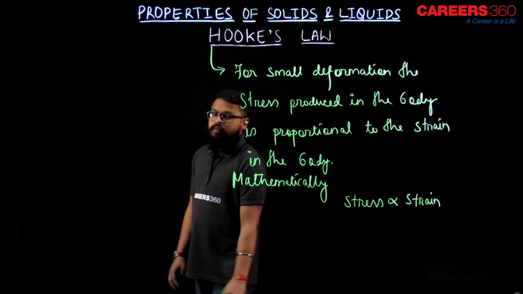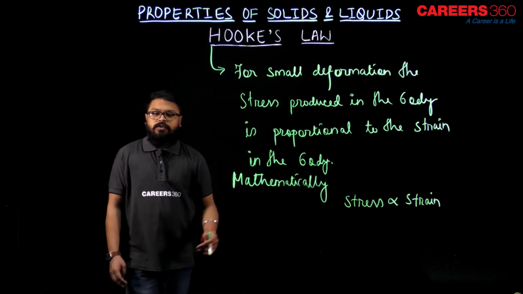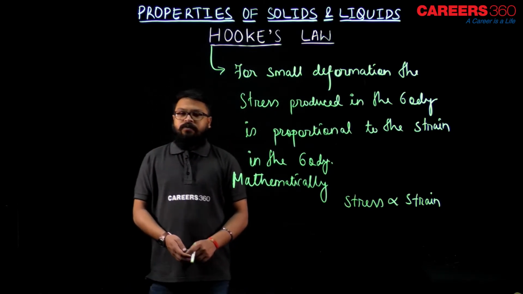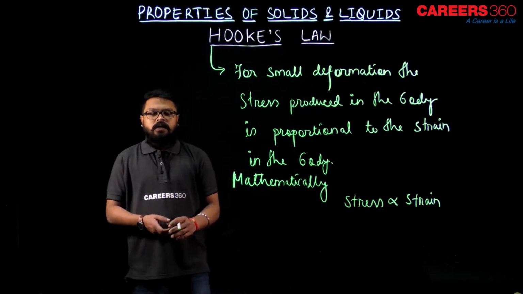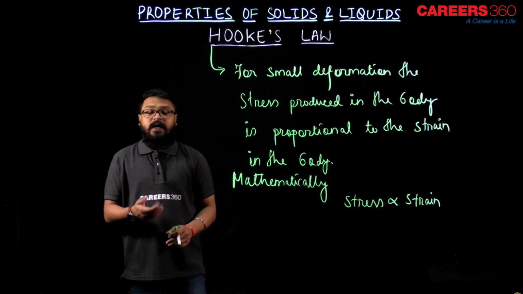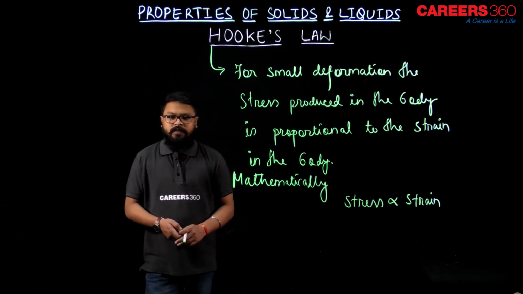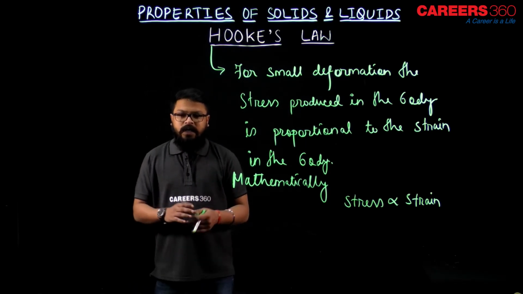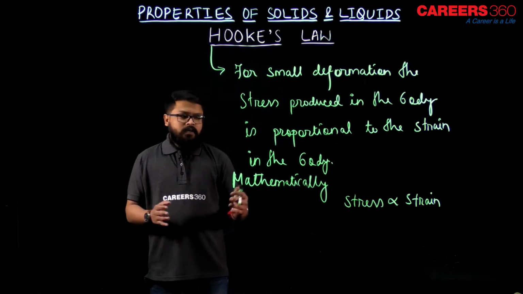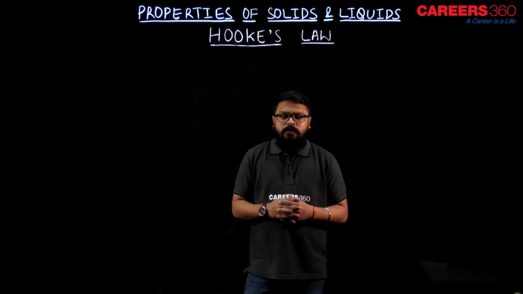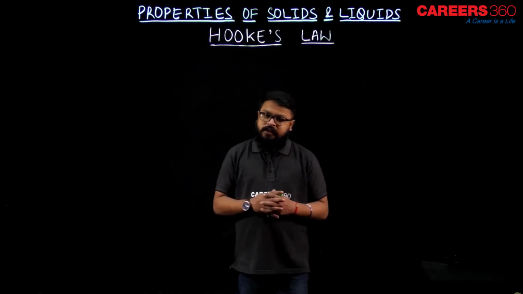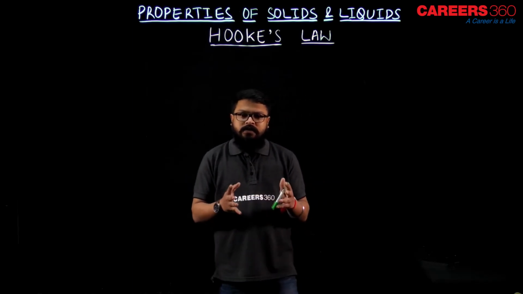Stress is proportional to strain in a body when the deformation is small, and of course for small deformation you need to apply a small deforming force or small magnitude of deforming force. I hope that is clear. Now let's see one example based on it so that your understanding is more clear. As I said, according to Hooke's law, stress is directly proportional to strain.